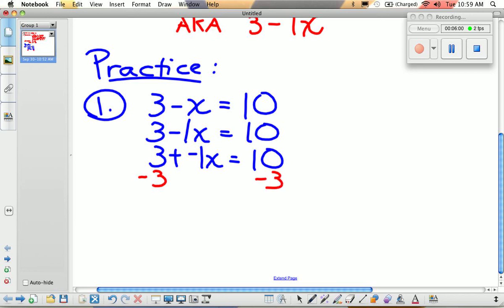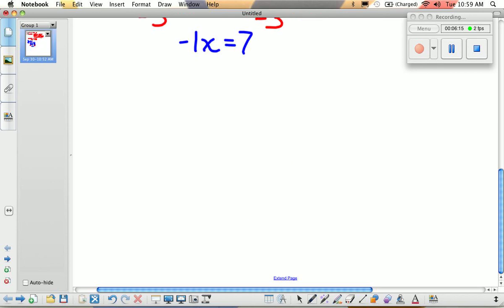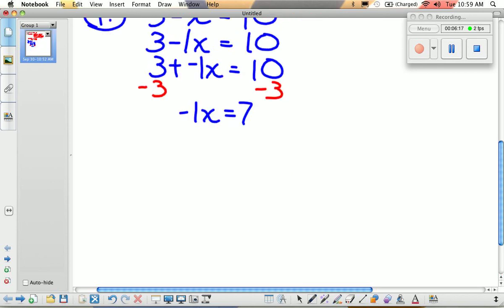This is just like we did yesterday. 10 take away 3? 7. Excuse me, what if it was a negative 3? If it had been a negative 3 there, then we would have added its opposite, because a negative number would have been getting added. So then we would have added 3 to both sides.